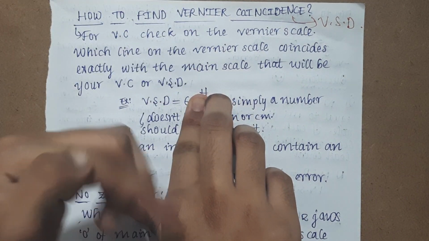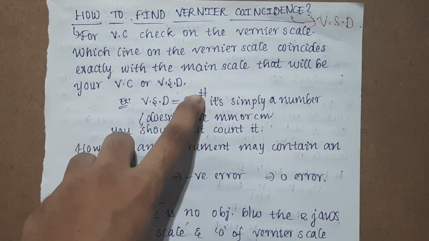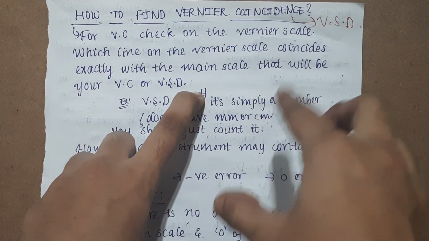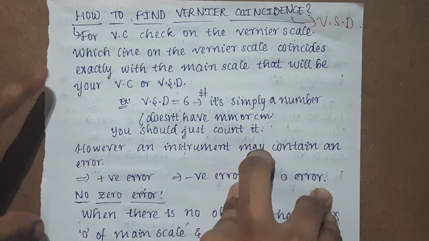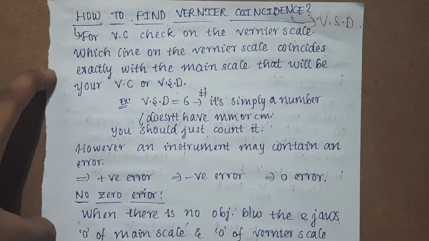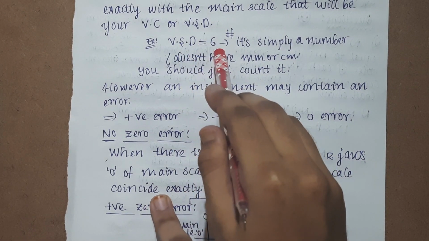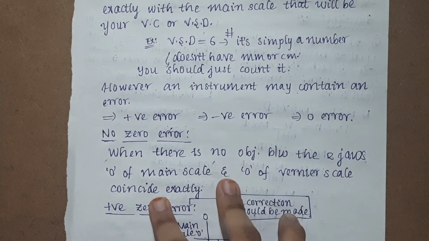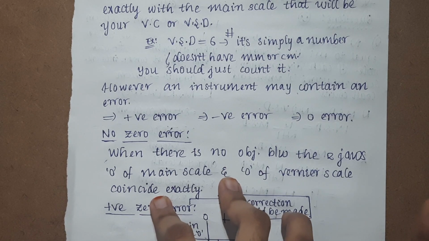For Vernier coincidence, you should check on the Vernier scale, and for main scale reading, that is for MSR, you should check on the main scale. For example, Vernier scale division is equal to 6. It is just simply a number. You should not mention millimeter or centimeter. You should just count it.